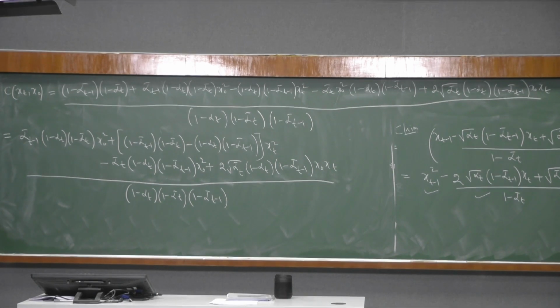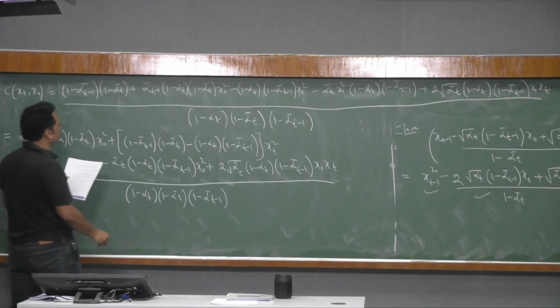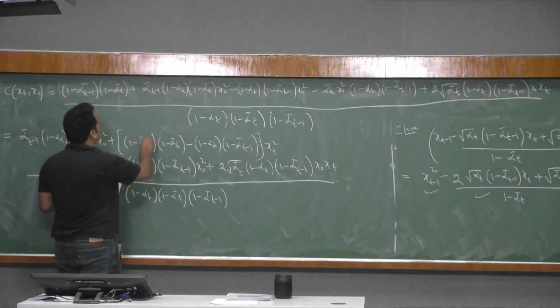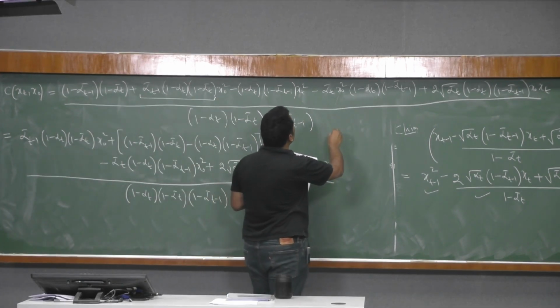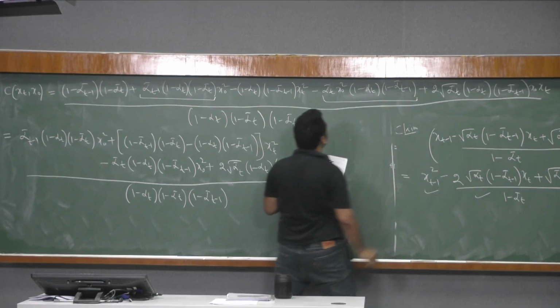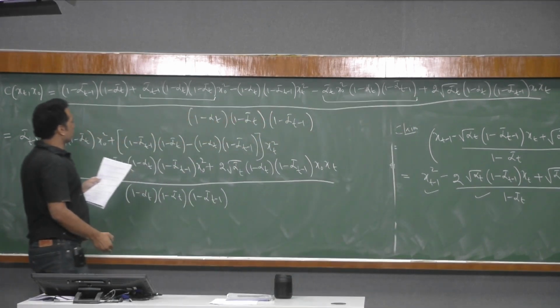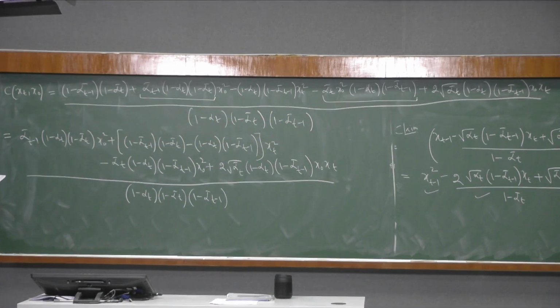Okay, so we have taken x naught square common. So with the x naught square, where are the x naught squares, right? We see that x naught square is here, and x naught square is here. But I have not taken it common yet.